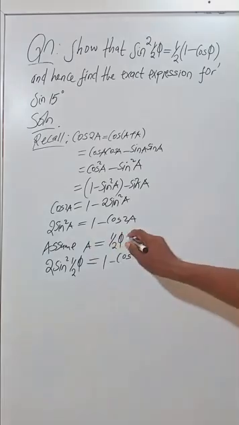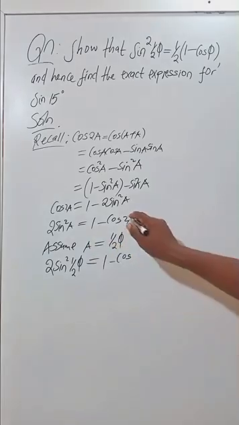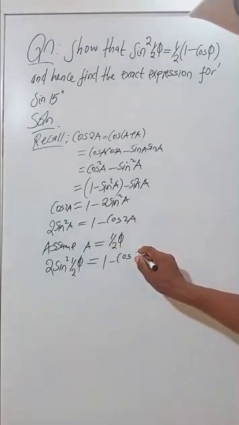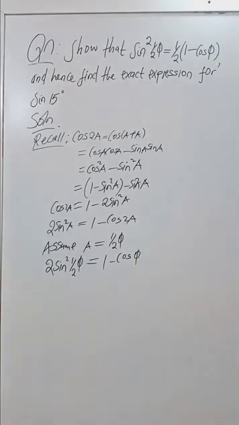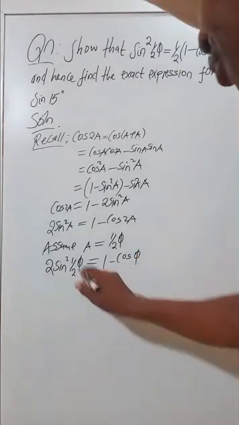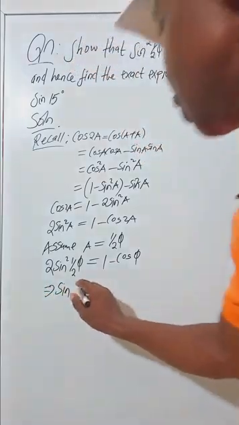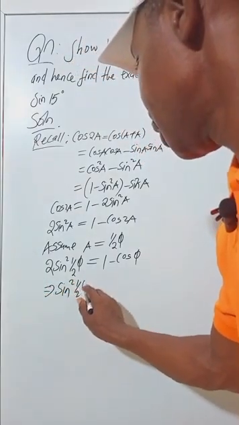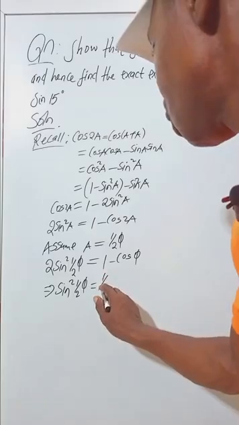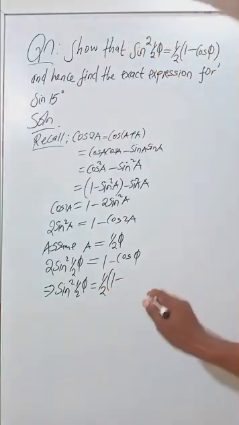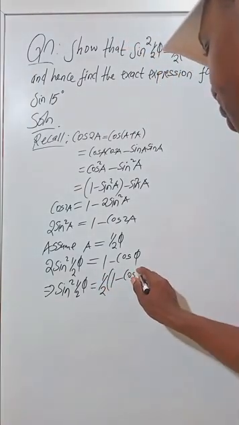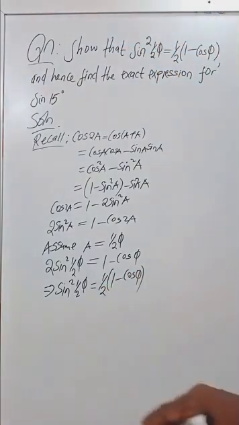Remember, a is equal to a half phi, so a half times 2 here, we shall get cos phi. If we make this the subject, we get sine squared a half phi to be equal to a half into bracket 1 minus cos phi, like that.